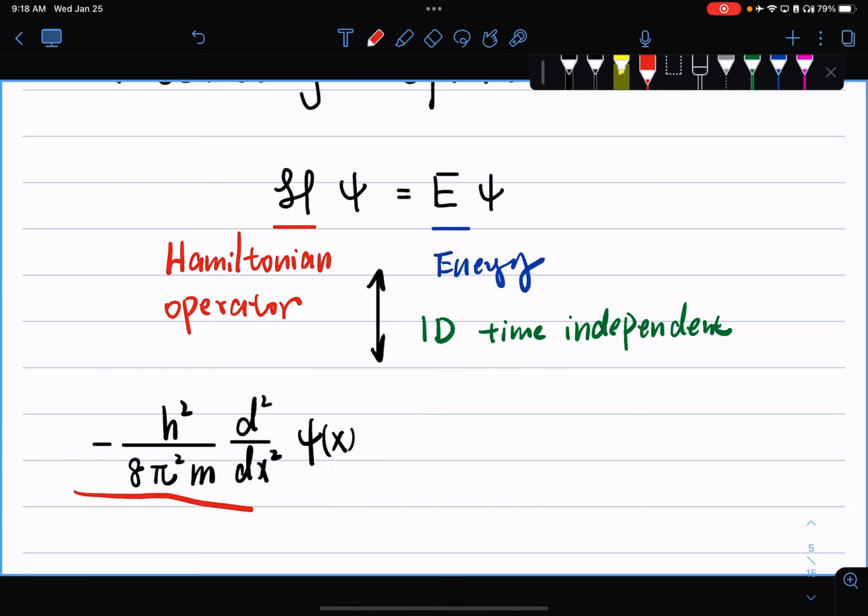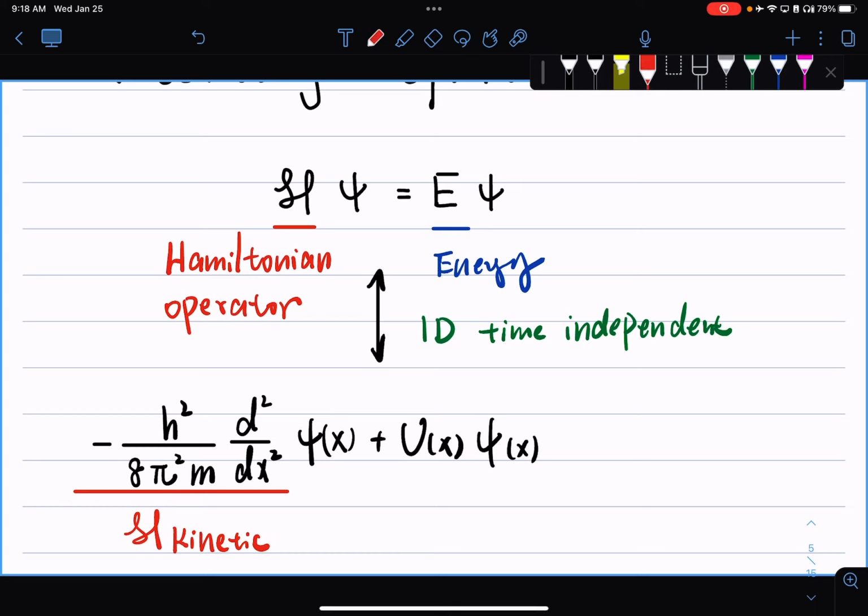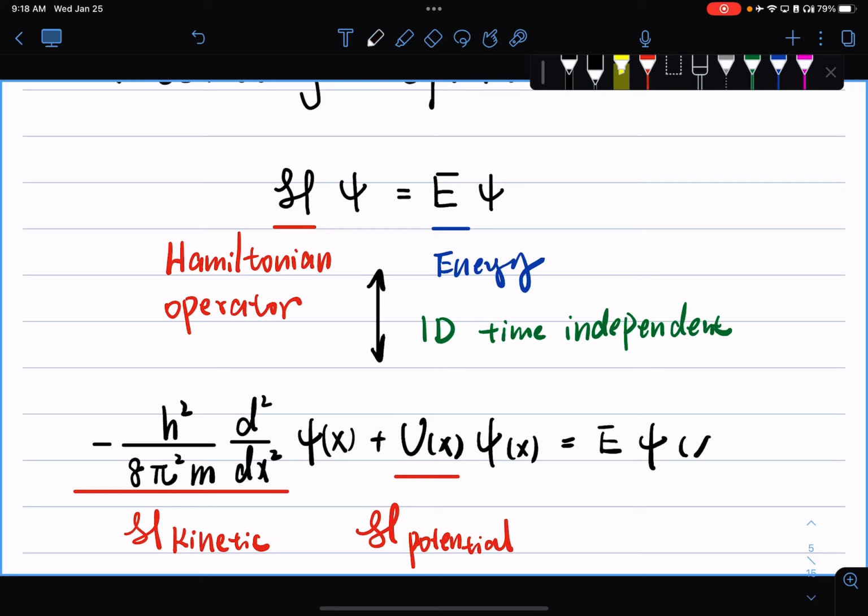All right, so this is my Hamiltonian kinetic plus u x phi x. Imagine this is my Hamiltonian potential. And gives you energy phi x.